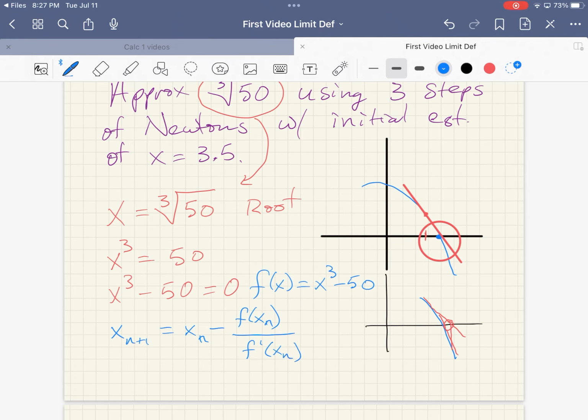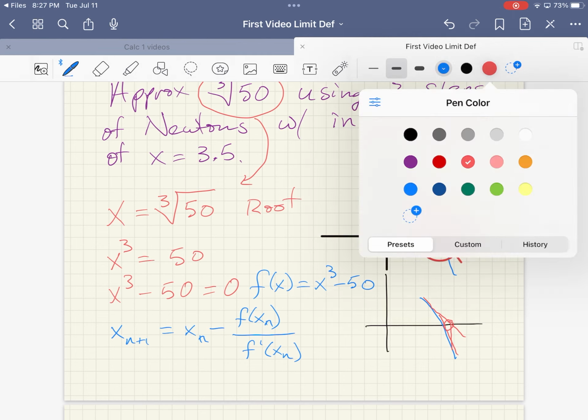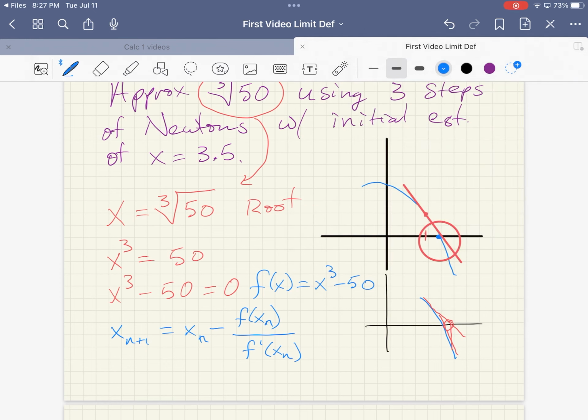Now, where does this come from? Well, this comes from this idea right here, where we used the tangent line and we found where it hit 0.